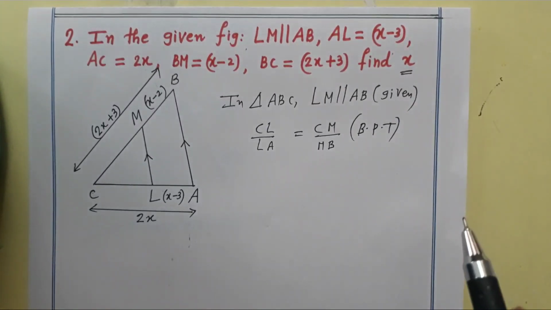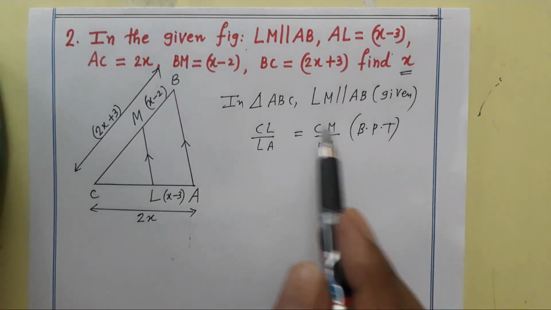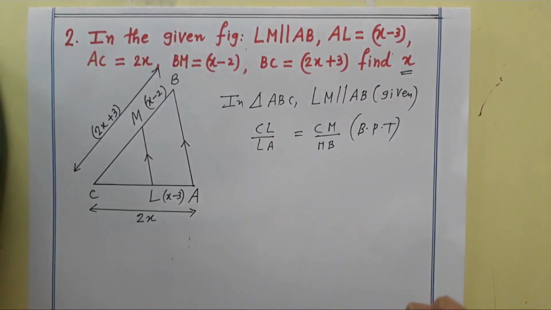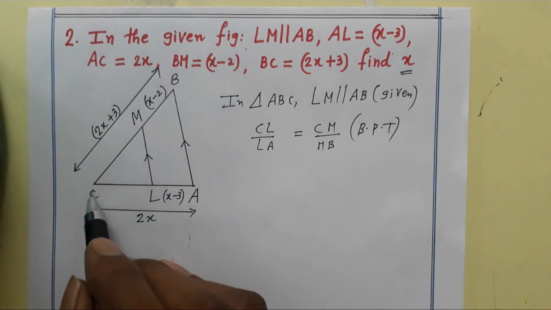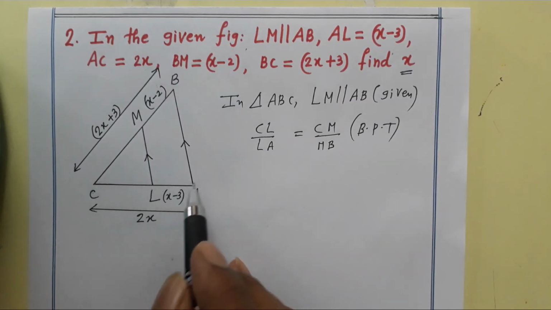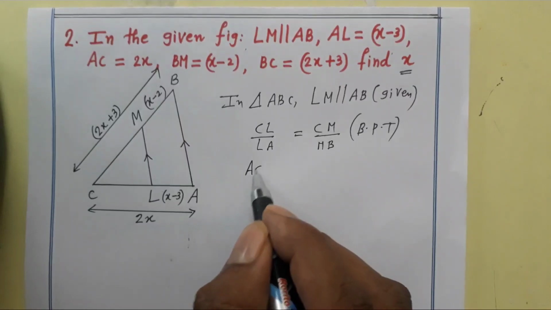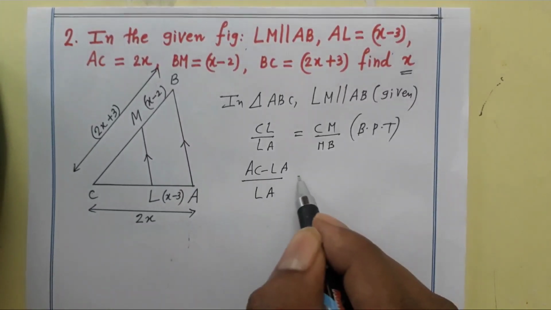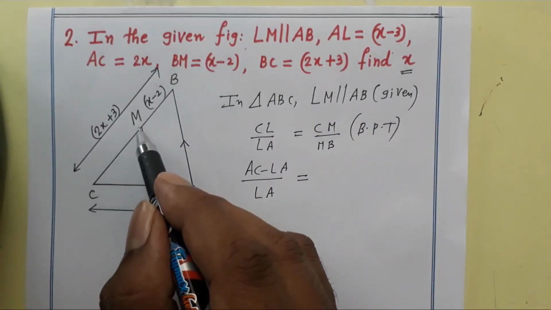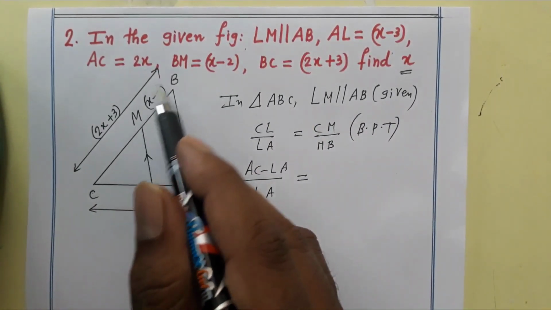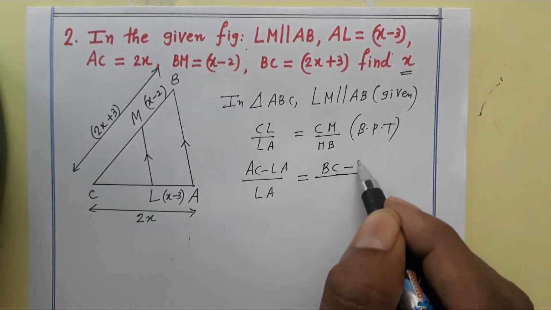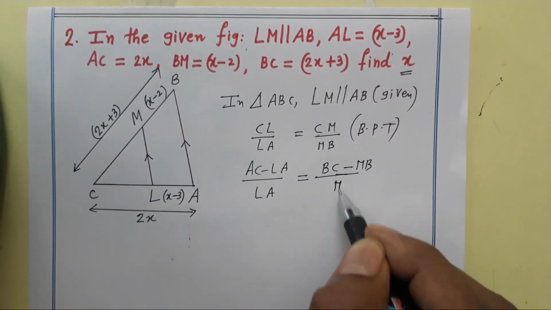What I am going to do here is, I am going to write this equation in terms of known things. That is, CL we can write as AC minus LA, by LA as it is. Again this CM I can write as BC minus BM, by MB.